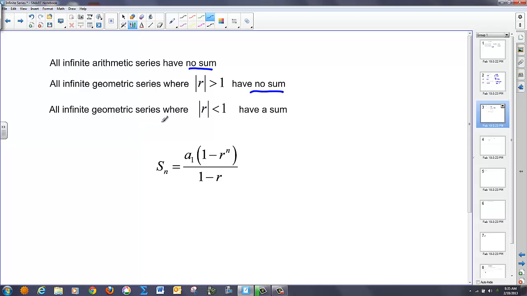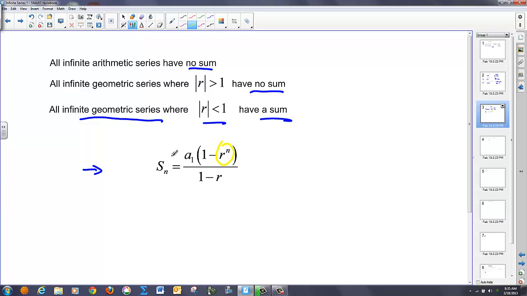Now, if we look at a geometric series where our ratio in absolute value is less than 1, I'm claiming that's going to have a sum. And we're going to take a peek at why this would happen by looking at our general equation for geometric series right here. Most specifically, we're going to want to look at this term, r to the n.